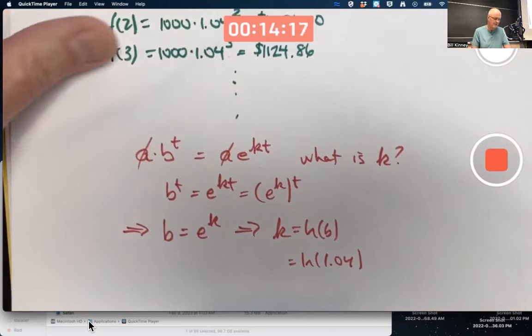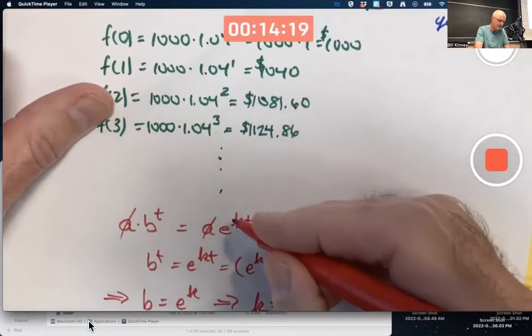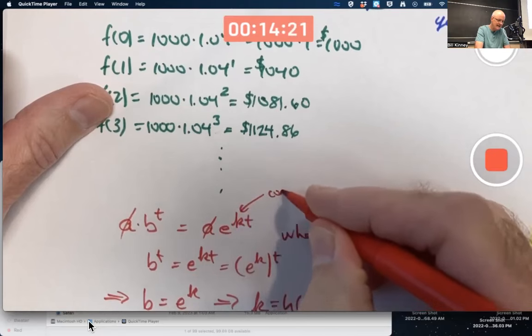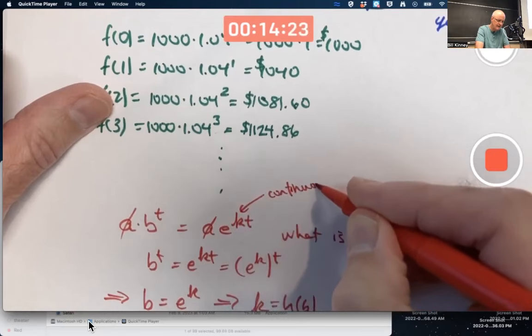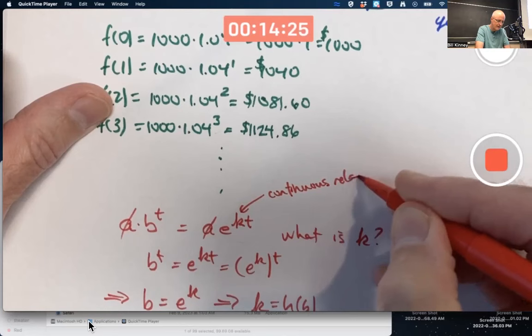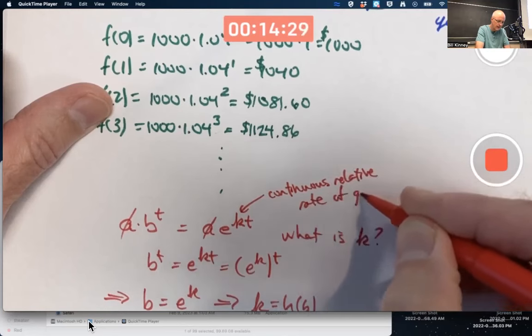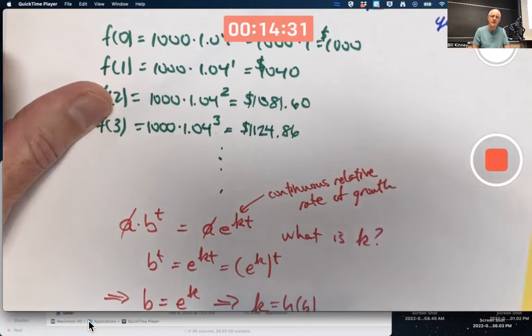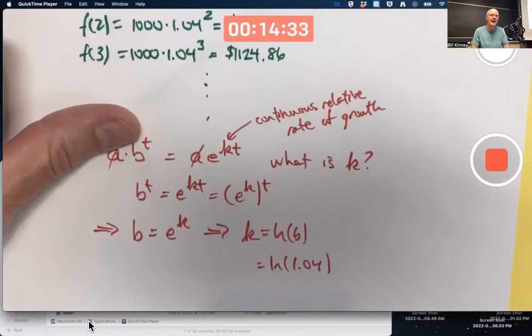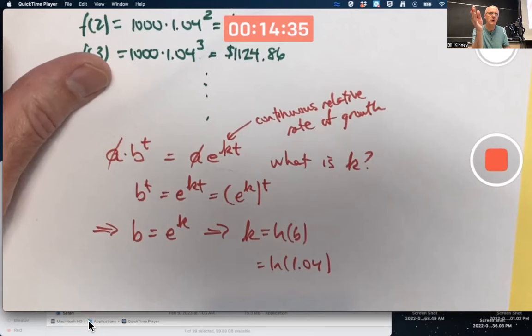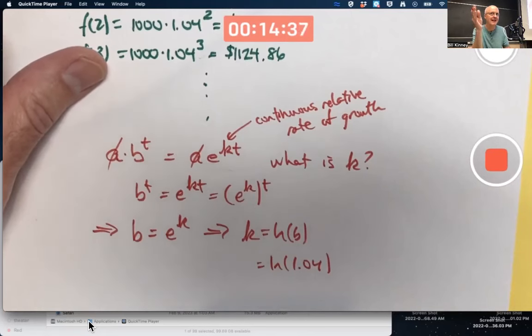What does k represent? k represents a so-called continuous relative rate of growth. And it's going to be close to the actual relative rate of growth, but not exactly the same.